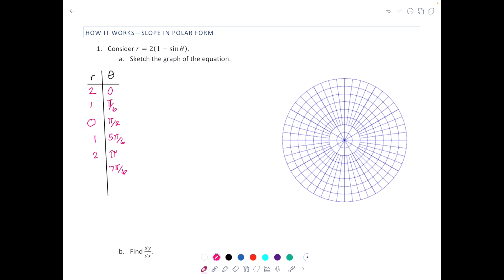So we'll get 3 when we have 7 pi over 6. And then at 3 pi over 2, the sine function is negative 1, so we'll get a 4 output. And then at 11 pi over 6, we'll get a negative a half for the sine function, so we'll get 3 again. Cool, cool?